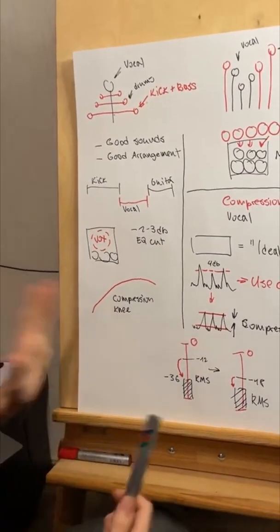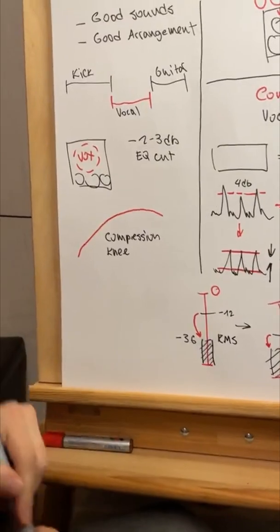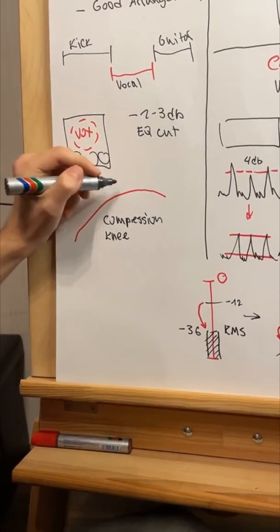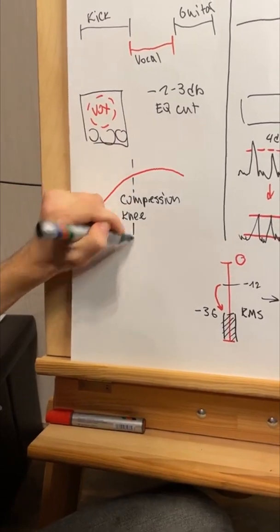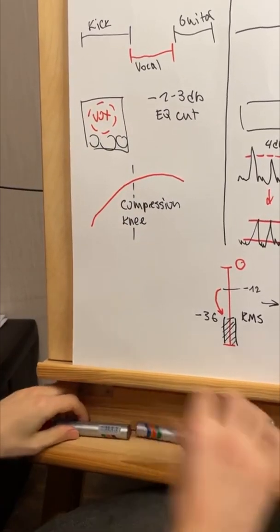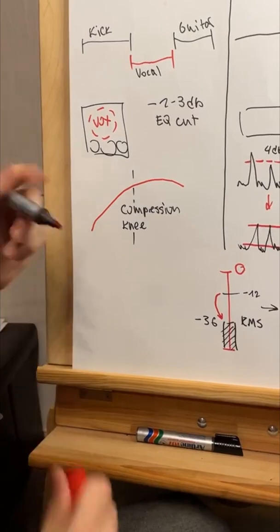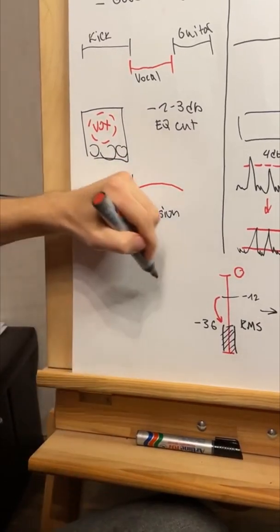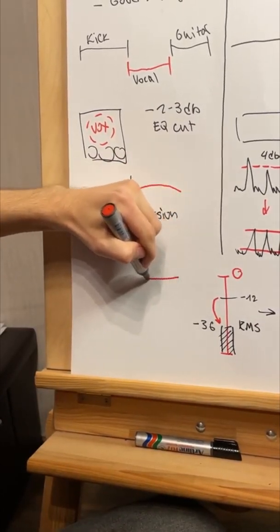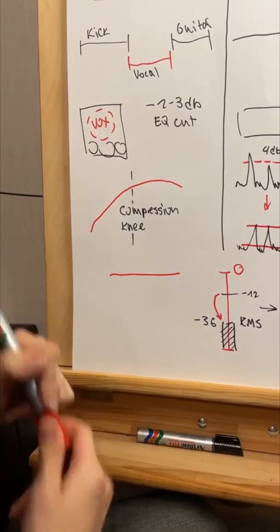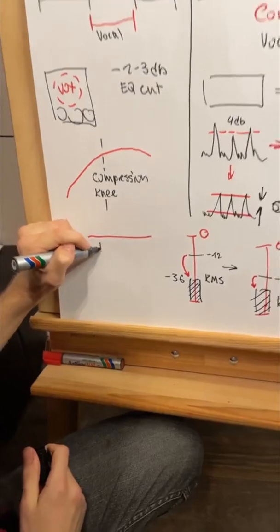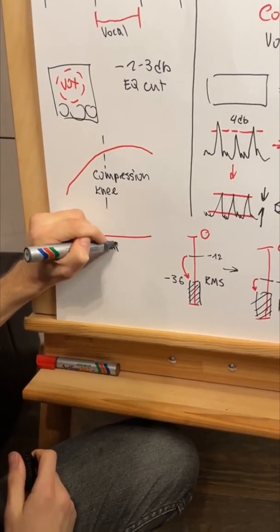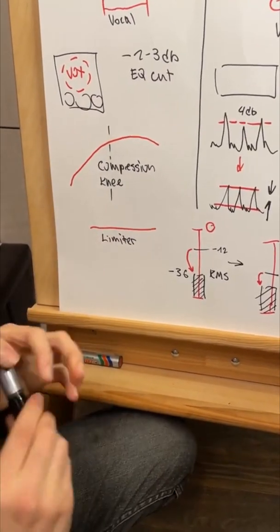But when we talk about limiting, let's say we can have some sound going through that thing. But when it comes to brick wall limiting, it's more like this. No sound can pass through the limiter. So that is basically the only difference.